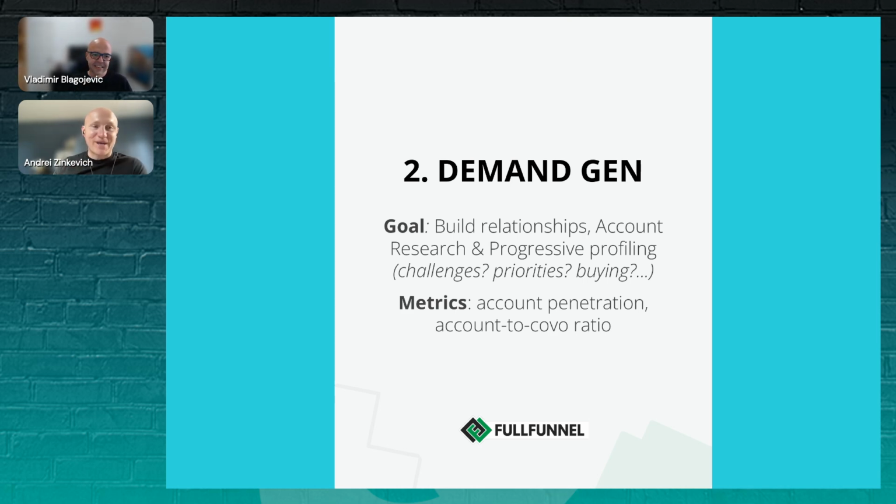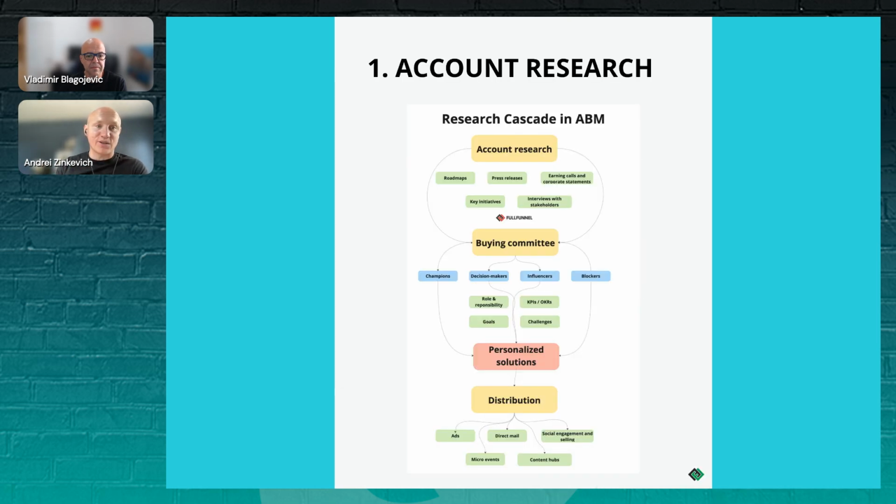So from that perspective, we need to have multiple touch points. And Vlad mentioned the content, the distribution of the content, that allow us to spark these conversations. That's the key. A few helpful metrics that we love to track are account penetration, basically with how many buying committee members we were able to connect and engage, and our account to conversation ratio, which means with how many accounts we have ongoing conversations.